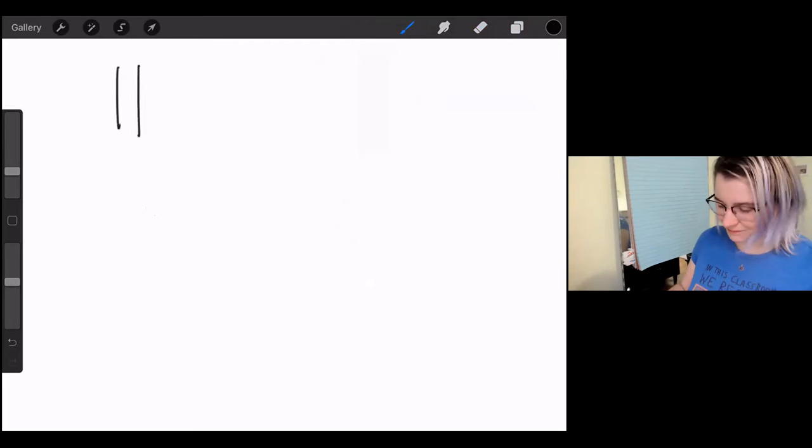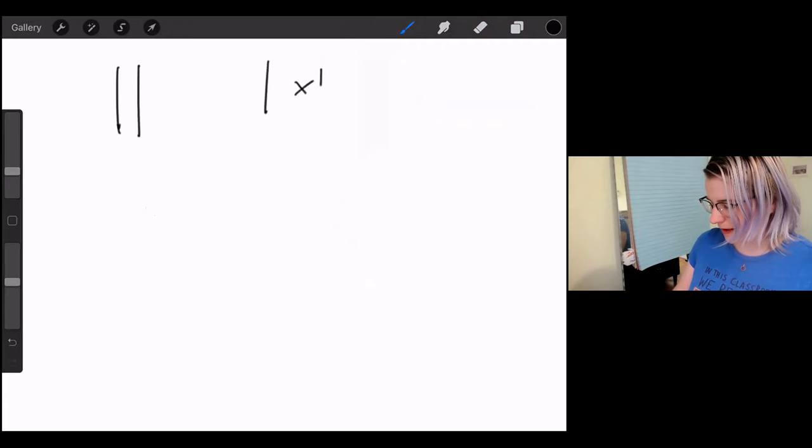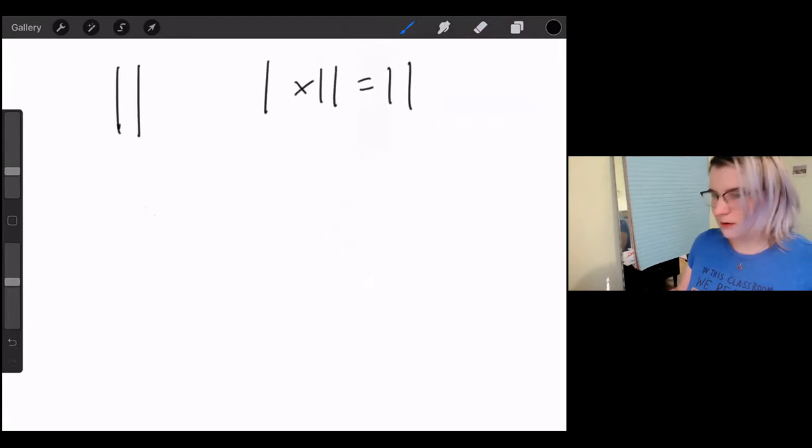Should we look at another one? 11. Prime or composite? Off the top of my head, I can't think of anything other than 1 times 11. 2 times something? No. 3 times something equals 11? Nope. Can we do 4 times something and get 11?